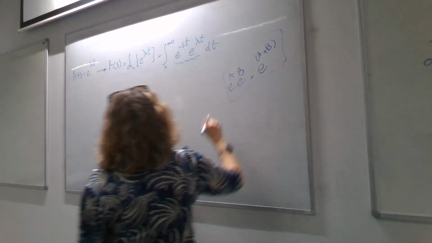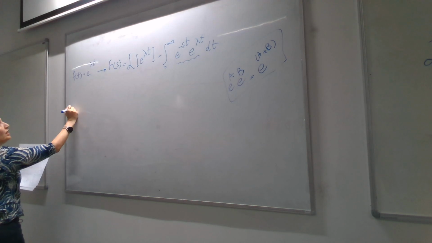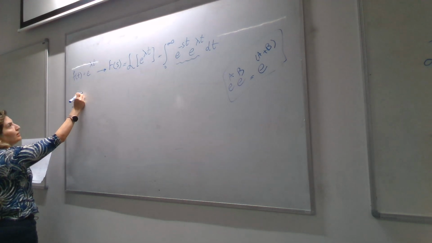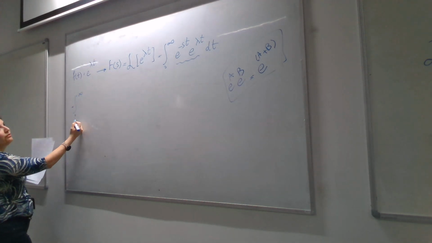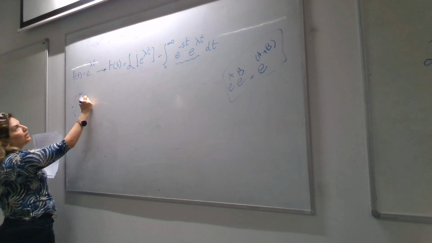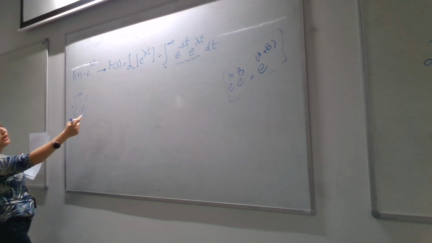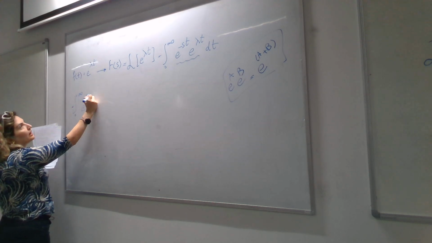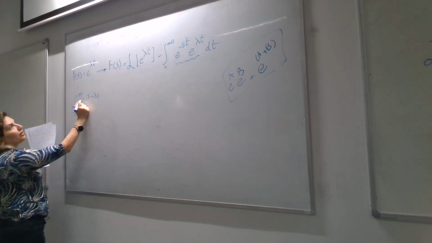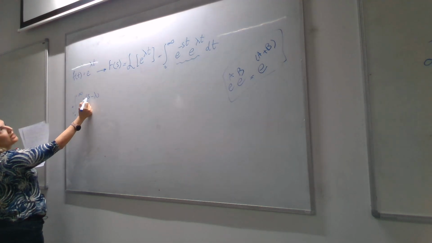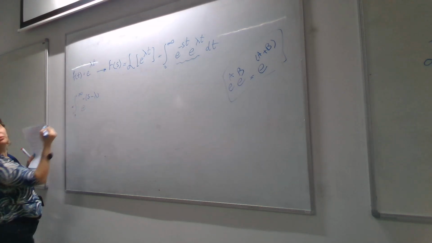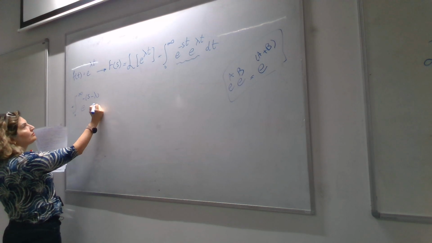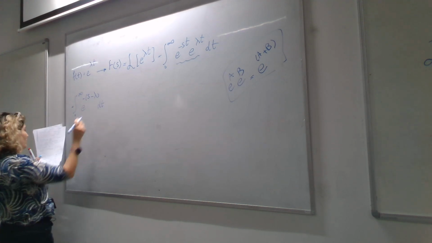We're going to use that concept, and then it's going to be the integration from 0 to infinity of e to the power of minus s plus lambda, all times t, dt. So if I multiply the minus, it will be minus s, and then the lambda will be positive, and then I have dt here.